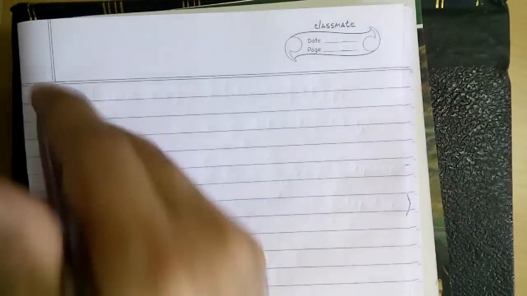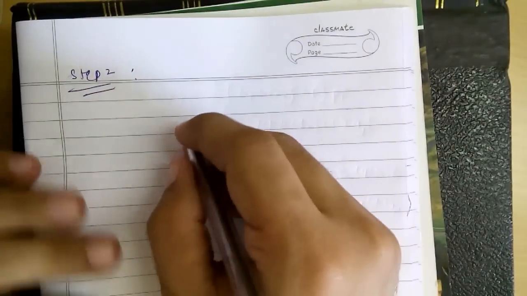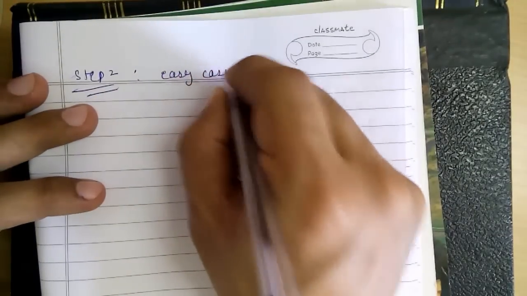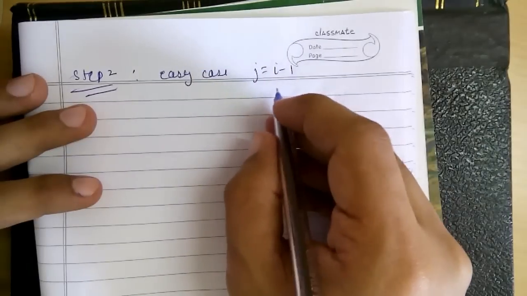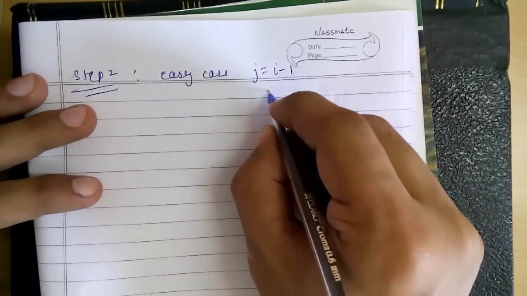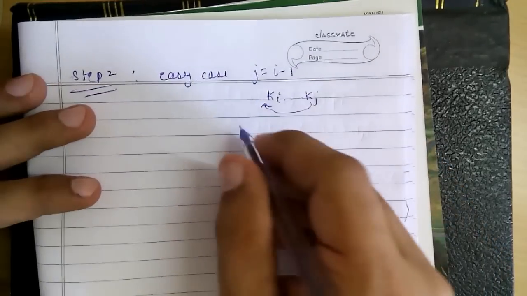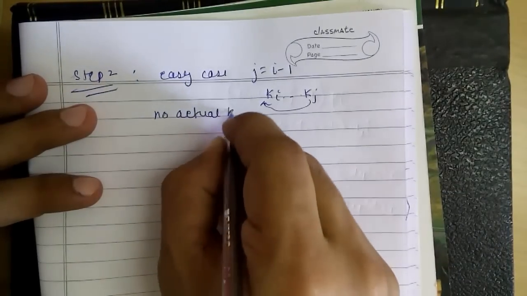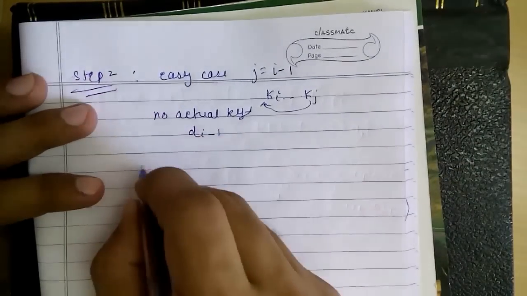So moving on to step 2. First, there is an easy case when j equals i minus 1. As we were having ki to kj and j equals i minus 1, it means there are no actual keys, just a dummy key di minus 1.